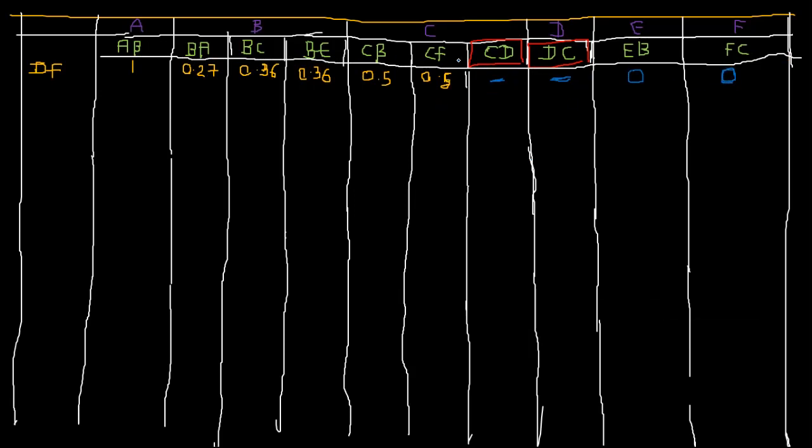Here there are 3 members connected, but CD and DC were already solved, so we don't need to distribute anything. Whatever remains, we can distribute within CB and CF. CB takes 0.5, so that means 50%, and CF takes the other 50%, right? DC is also the free end, so nothing happens. That part is already solved. You are lucky, right?